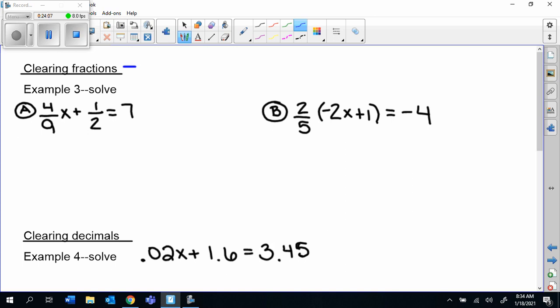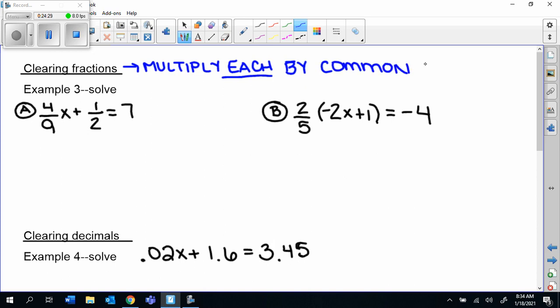And in order to do that, we need to multiply each term, literally each term, by our common denominator. We're not trying to add the fractions, we're trying to get rid of the fraction.